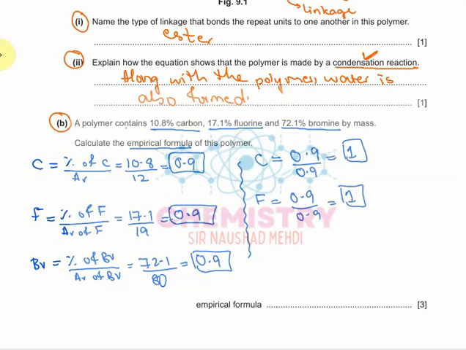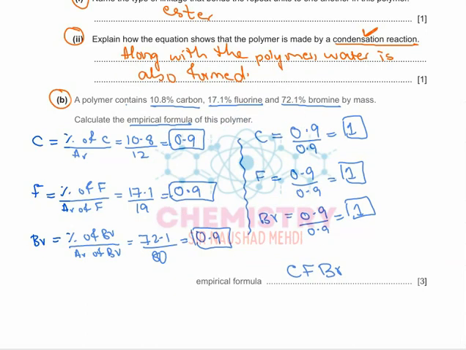And for bromine, 0.9 divided by 0.9, again you are getting 1. So all the atomic ratios are 1. This shows the empirical formula C1, F1 and Br1. So this is the final answer for the empirical formula of the polymer which is given in the question.